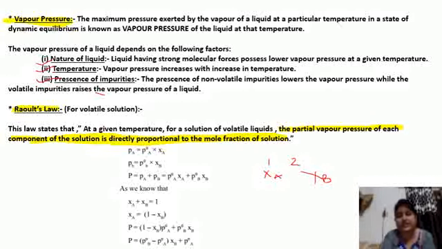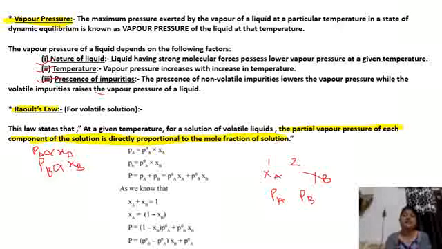The pressure of this is PA and the pressure of this is PB. So according to Raoult's law, this partial pressure PA is directly proportional to mole fraction XA, and the partial pressure of B, that is PB, is directly proportional to mole fraction XB. We all know very well we remove the proportionality sign and add a constant. Here we have P naught A and here we have P naught B.